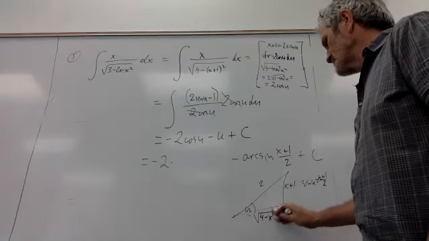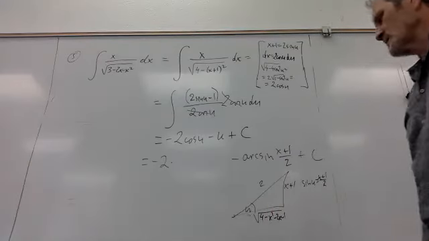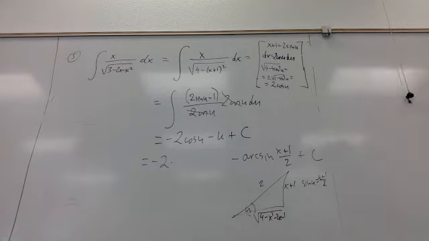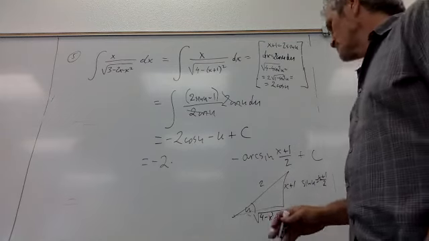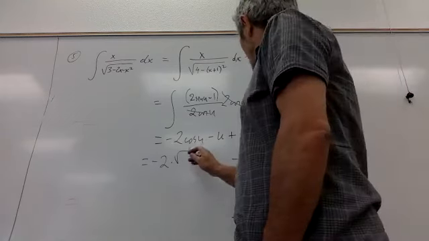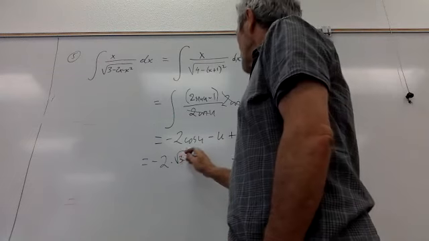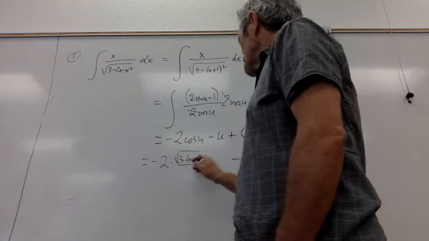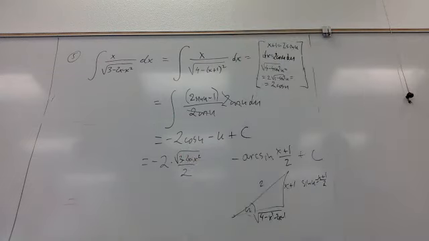I can use what I already calculated. It would be 4 minus x squared minus 2x minus 1, which is exactly our starting expression. So how much is cosine u? It's this guy over 2, which would be square root of 3 minus 2x minus x squared over 2. I just read it from here.